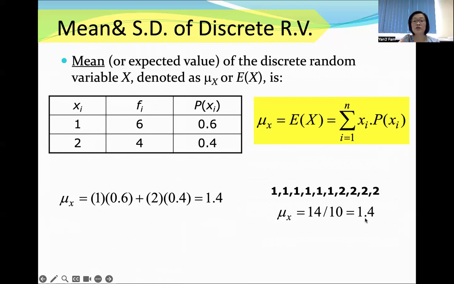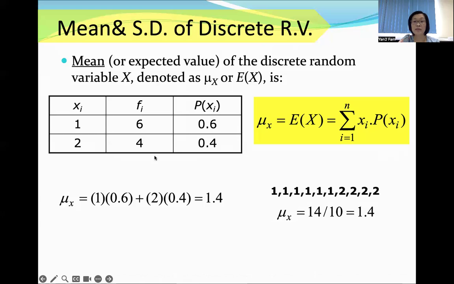All right, so you get 1.4. Or you can make it systematic in a table form, x equals to 1 or x equals to 2, and then you convert into probability. How so? It's 6 over the total of the frequency. So it's 0.6, 0.4.